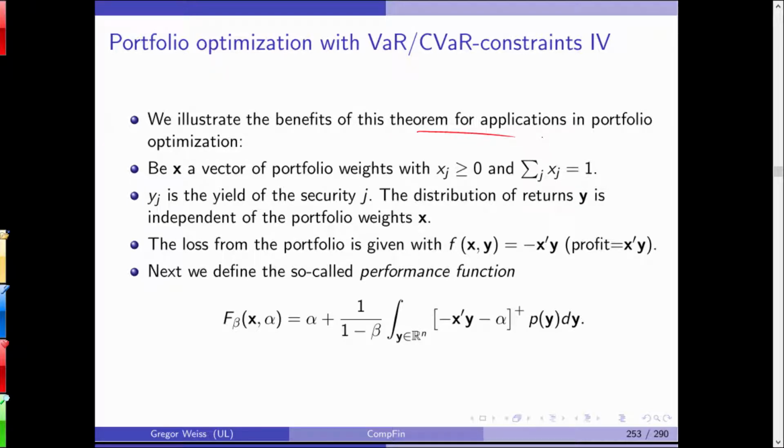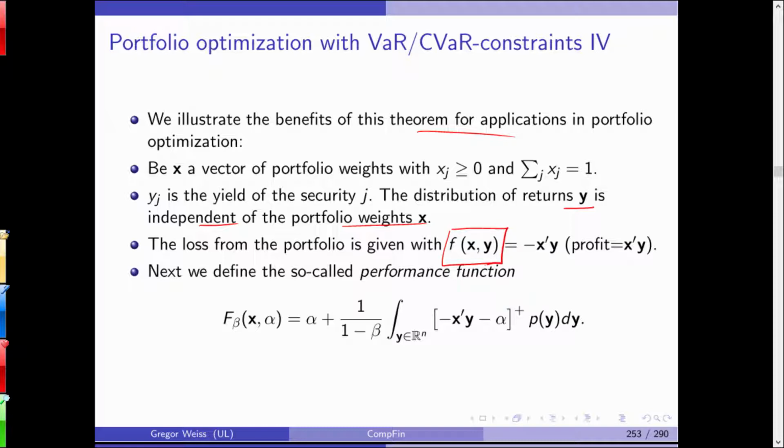You can illustrate this in the following way. Let x be a vector of portfolio weights, with the usual assumptions: x is larger than or equal to 0, and the sum of all portfolio weights should add up to 1. y_j is the yield or the return of security j. The distribution of returns y is independent of the portfolio weights. Then the loss from the portfolio is given by this function f.